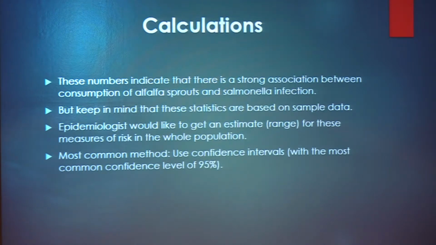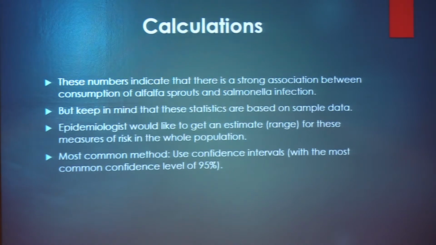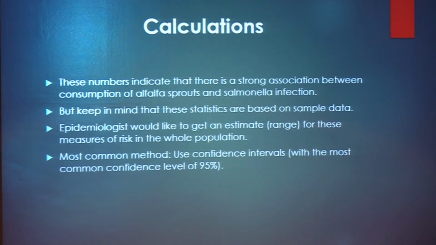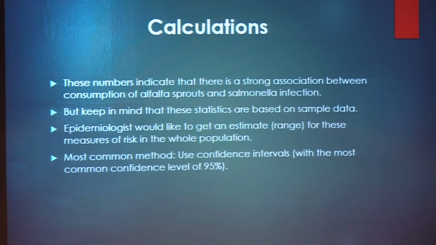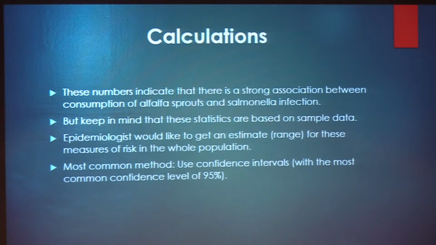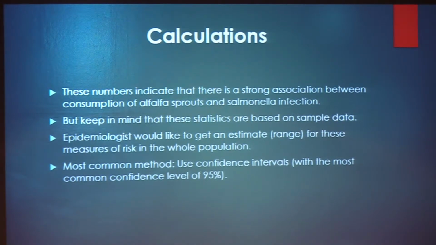Now these are just statistics, based on sample data. So usually as a statistician or epidemiologist, we're not happy with that. We need a little bit more information. So what are we going to do? Well, we're going to try to estimate these numbers in the general population. That's what we call the approach of confidence intervals, with the most common confidence level of 95%.